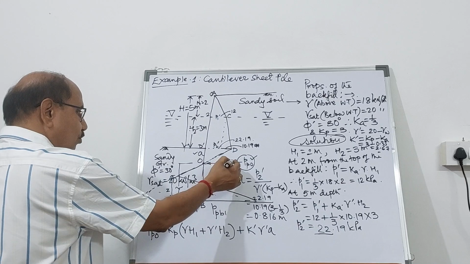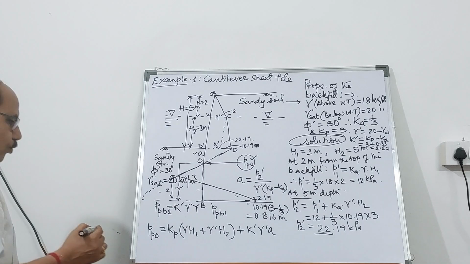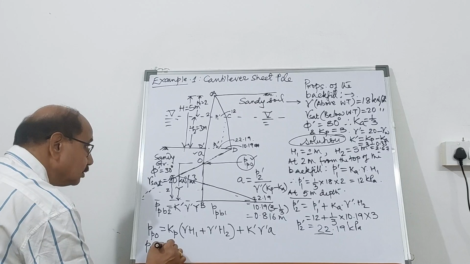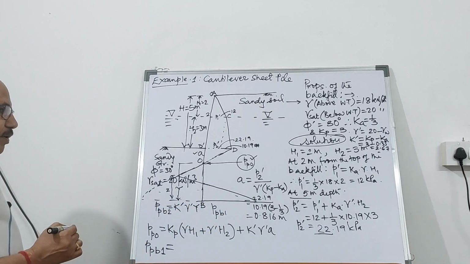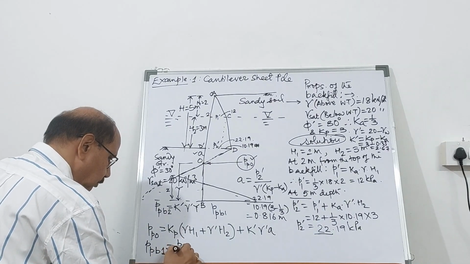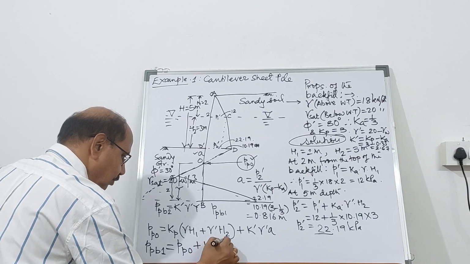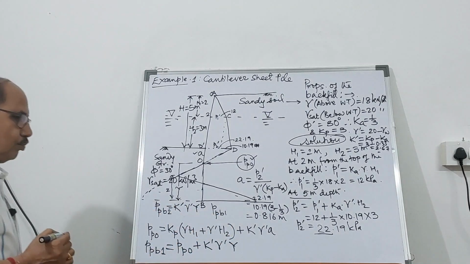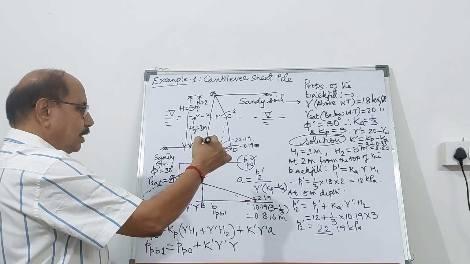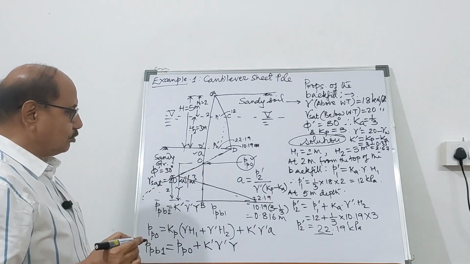So it becomes 2.67. This is the value of K prime. Once you know this, you can calculate PPB1. PPB1, the pressure here, will be equal to PPO plus K prime gamma prime into Y. So friends, in my last video, I explained how to draw the pressure distribution diagram.